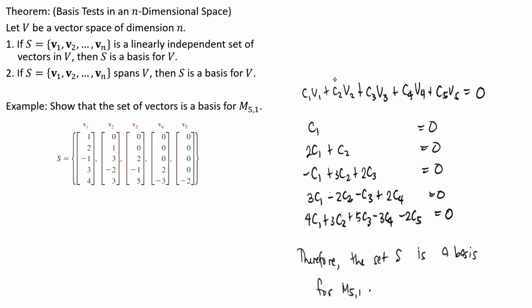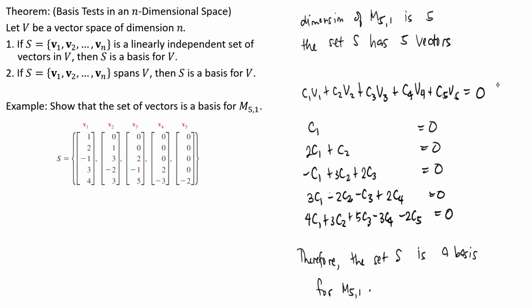Again, take note that the dimension of M sub 5,1 is 5, because we simply multiply m times n, so 5 times 1, which is equal to 5. Also, the set S has 5 vectors.